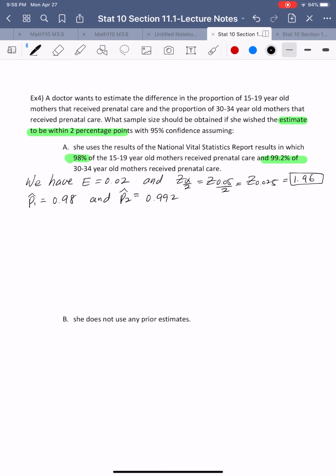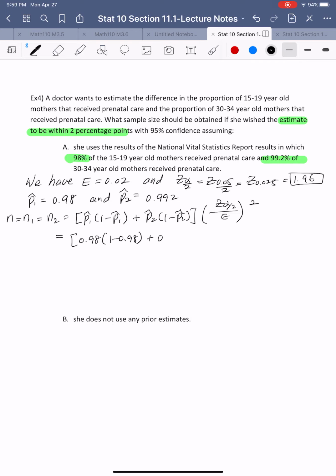So now the sample size will be n1 and n2, which is same as n, right? And then we put p1 hat times 1 minus p1 hat plus p2 hat times 1 minus p2 hat times z sub alpha over 2 over E, squared. So plug it in. We got 0.98 times 1 minus 0.98 plus 0.992 times 1 minus 0.992, and then z sub alpha over 2 is 1.96 over 0.02 squared.